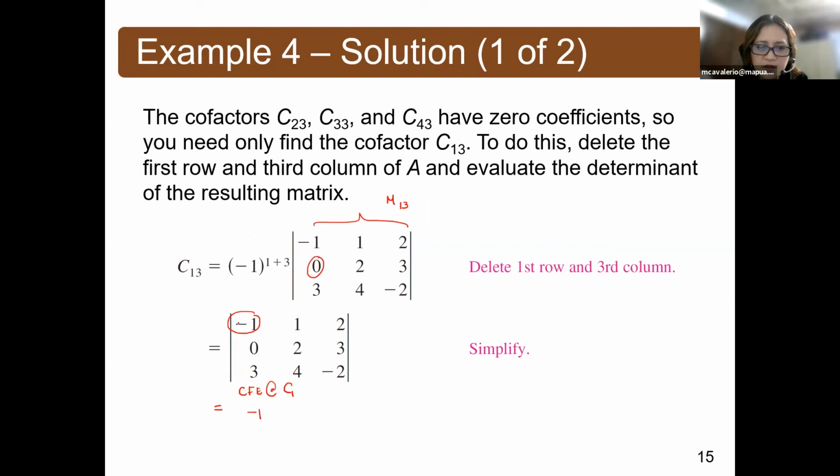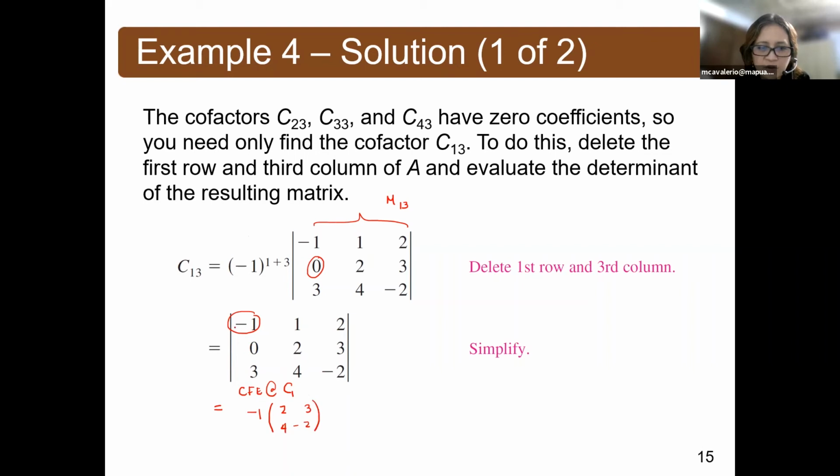Since we have a checkerboard sign of positive here, we only need to multiply this by the minor, and the minor is the determinant of the submatrix that results from deleting the first row and the first column. So you have 2, 3, and then 4, negative 2.